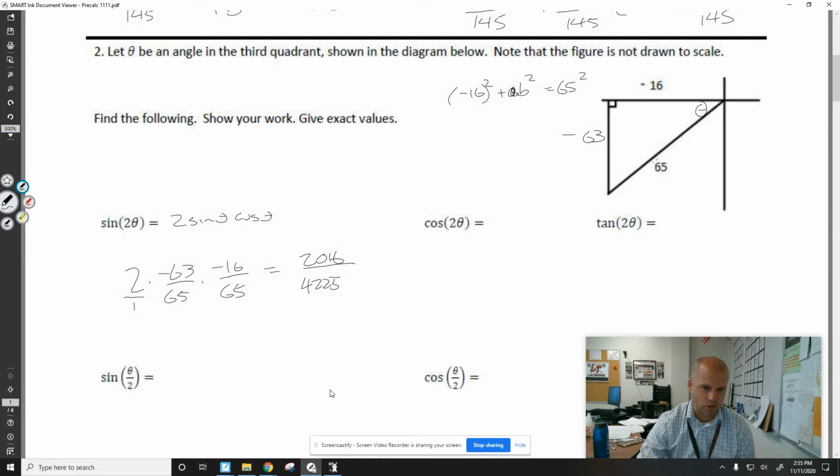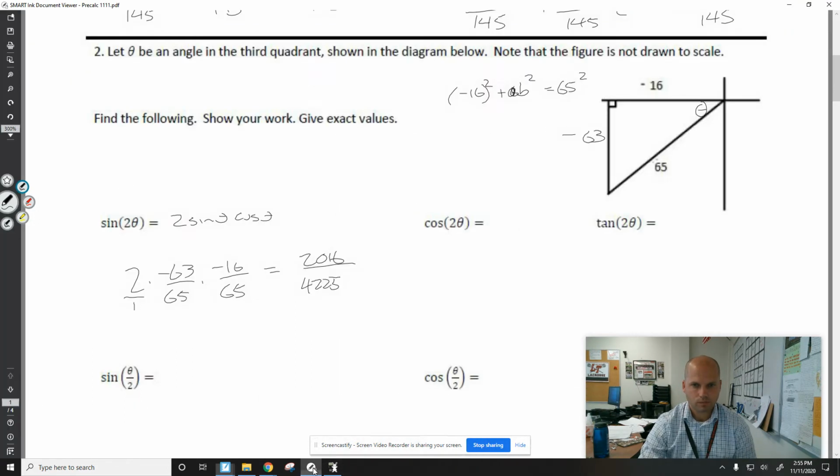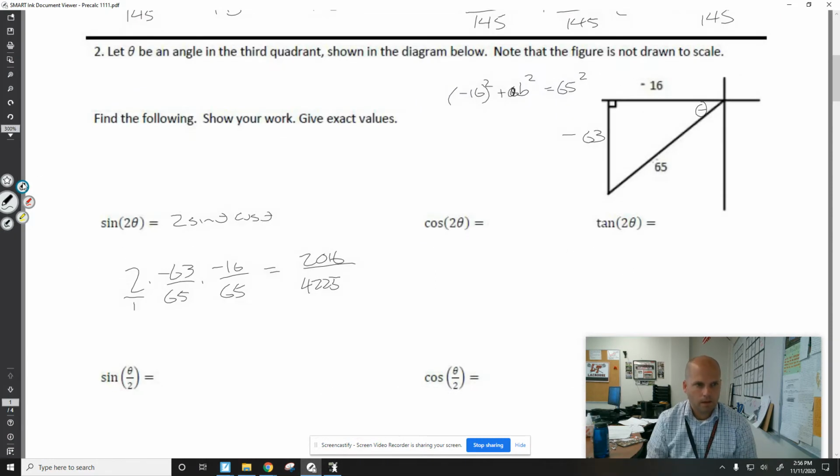This is one where you have multiple options: cosine squared minus sine squared, or 1 minus 2 sine squared, or 2 cosine squared A minus 1. It's your choice. You can have anything you want. Pick one. 2 cosine squared A minus 1. So, understand 2 cos squared angle minus 1 is the same as 2 times cosine of my angle squared minus 1.